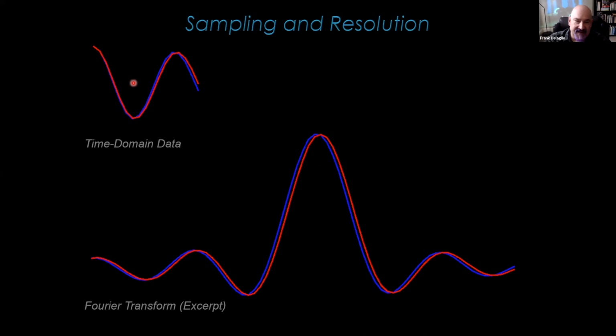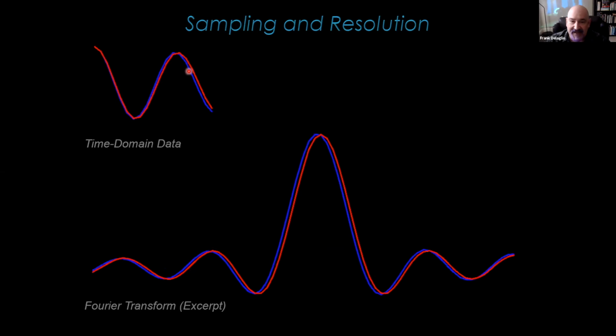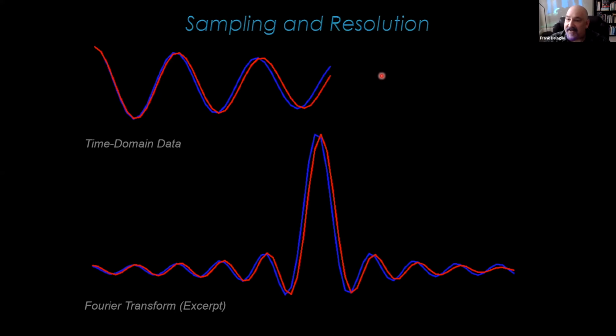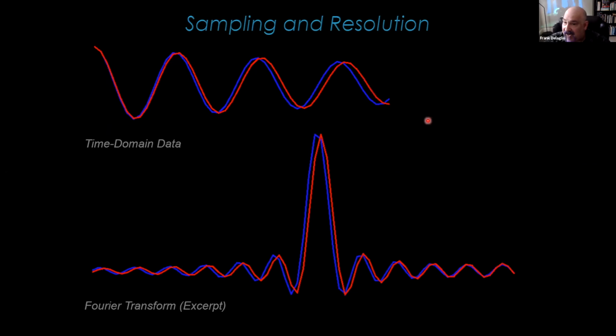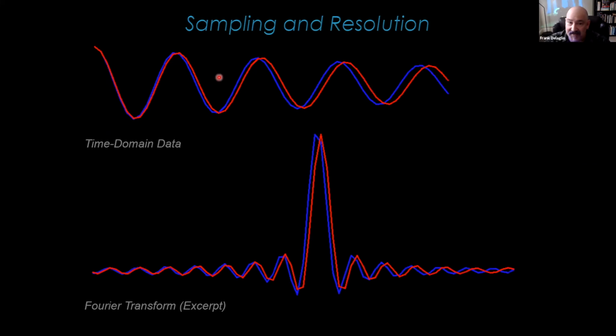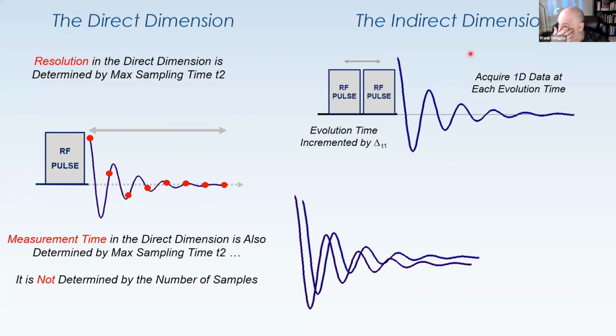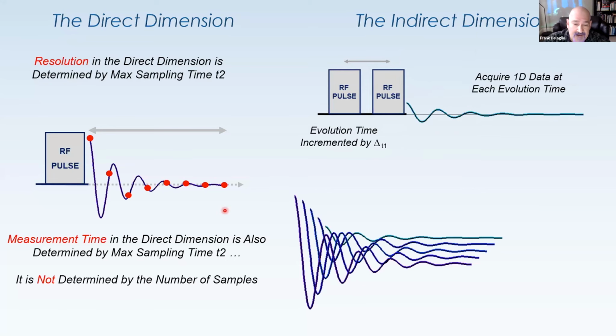So what you'll see here are two signals that are almost identical in frequency. And up here is the time domain version, here's the frequency domain version of these two signals. Now, if we measure only over a short duration, it's very difficult to tell the difference between these two signals. And we have to let them evolve for some time before the difference in these two frequencies becomes readily apparent. And so this is why the duration of the measurement is what determines the maximum resolution that we can achieve with a measurement.